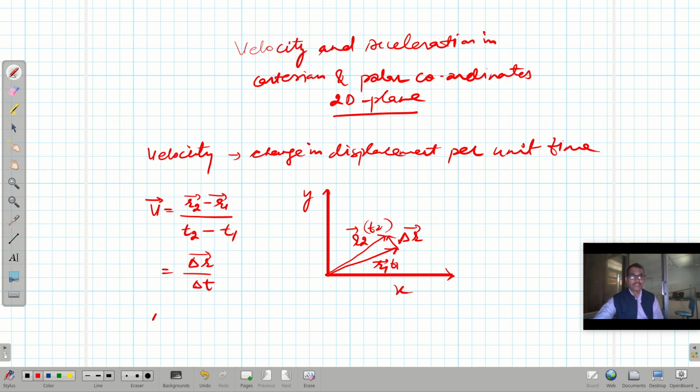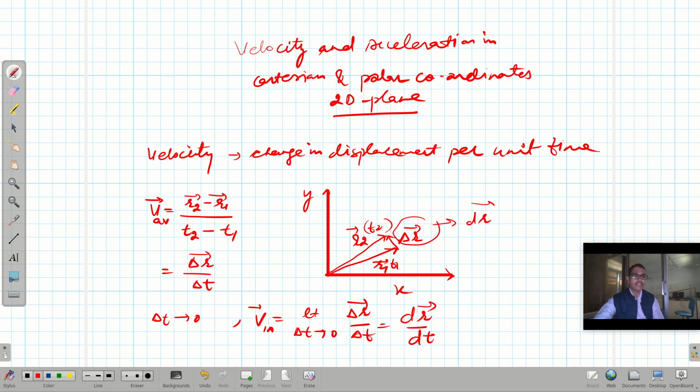But when this delta t approaches 0, then this v will become instantaneous. We can write it as limit delta t approaches 0 of delta r by delta t, and it can be written as dr over dt. So in such a case this delta r is replaced by the dr vector, right? Let me first talk about what dr is in terms of Cartesian coordinates.